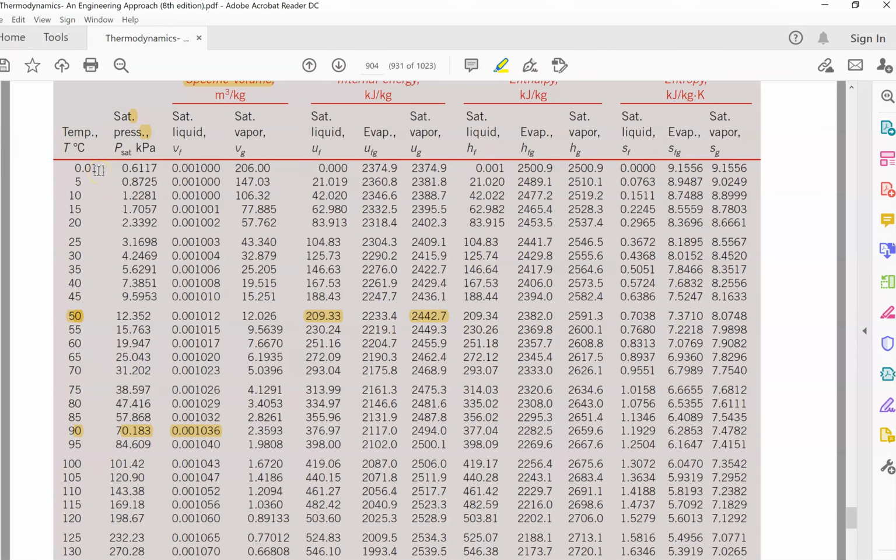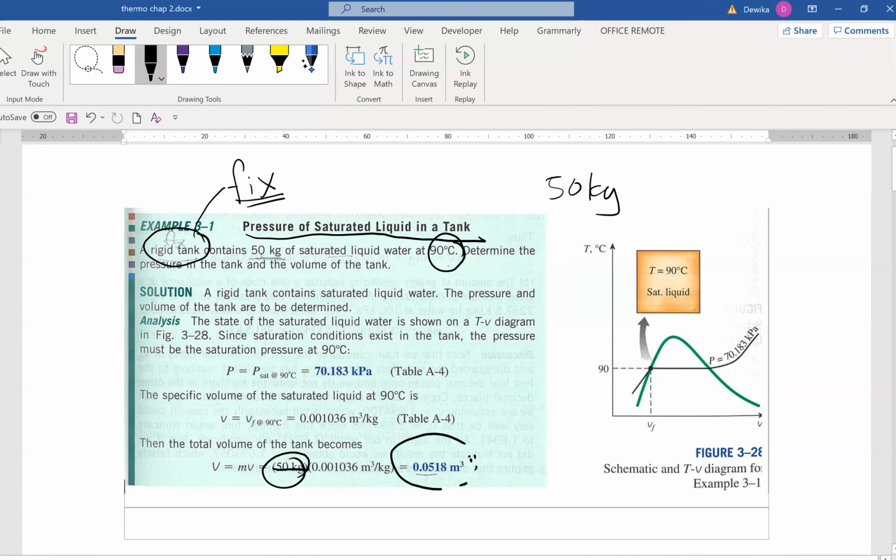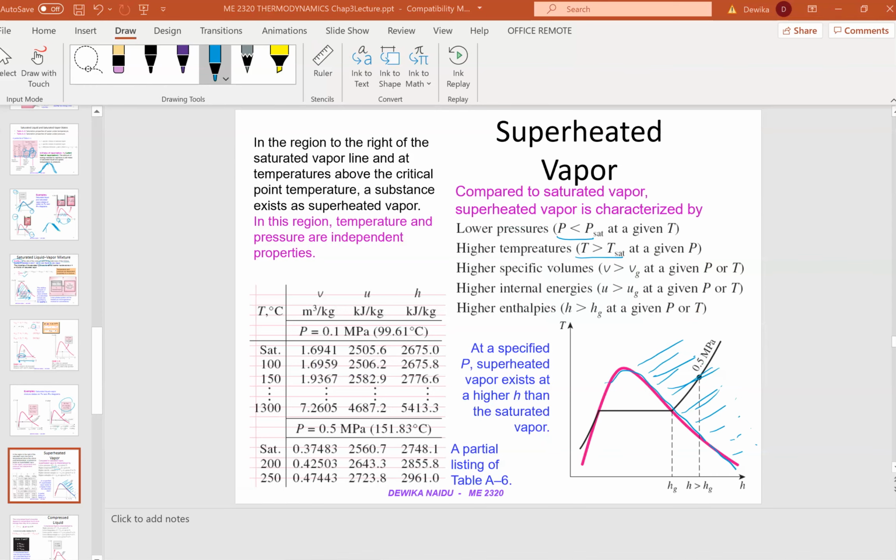If I give you a case, for example, the question says at 25 degrees the pressure is 40 kilopascal. What does it mean? Look at the lecture note: lower pressure is superheated, higher temperature is superheated.